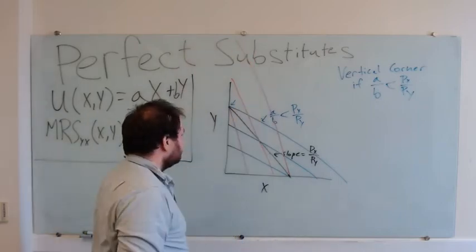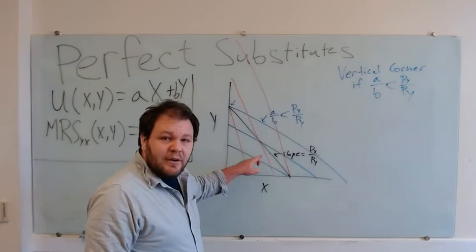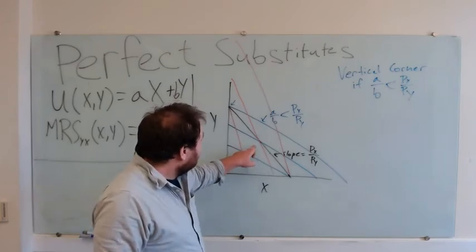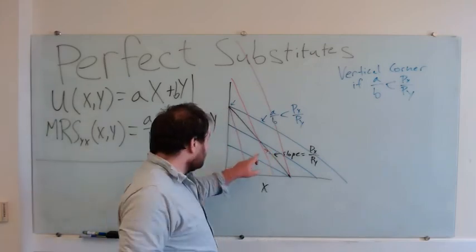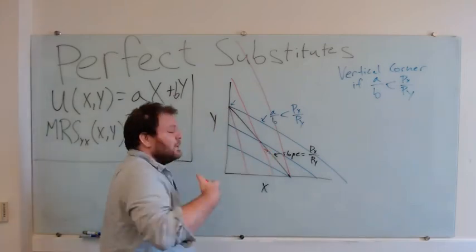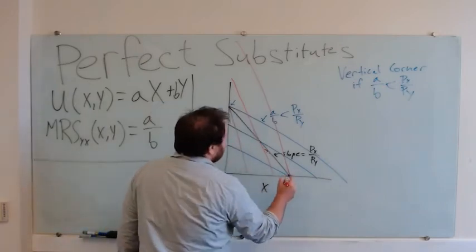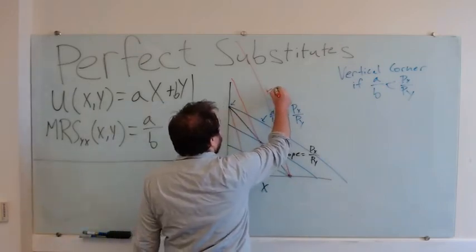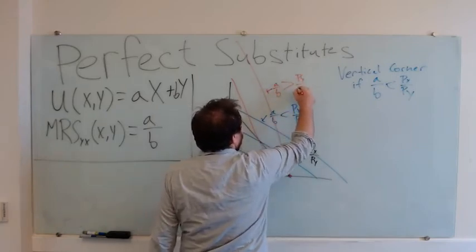We would say the same thing at any interior solution: this can't possibly be optimal because we could do better somewhere over here. We're always going to have an indifference curve cross our budget constraint, so we have to have a corner solution. Which corner is best? In this case, it's going to be the horizontal corner. So this is where A over B is greater than Px over Py.